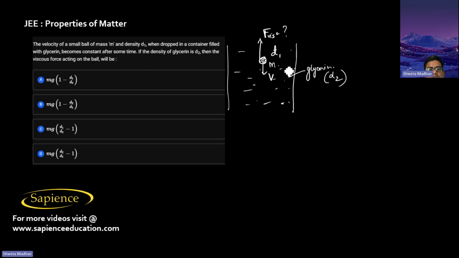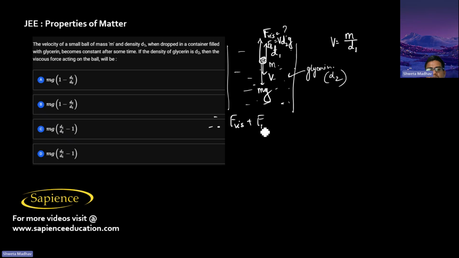So you can say that when the velocity is constant, then mg will act downwards, and the buoyancy force, that is V into d2 into g, will act upwards, where V is the volume of the ball, that is mass by density of the ball, which is m by d1. So the net upward force will be equal to the net downward force.